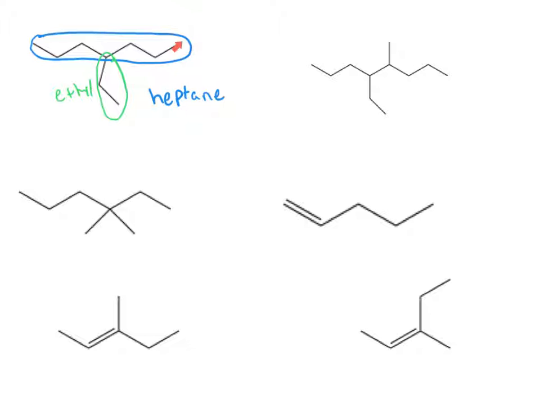If we started from the right-hand side, 1, 2, 3, 4. And so either direction gives us a 4 for our substituent. If that were different, you always go starting from the side which gives you your lowest numbers for your substituents. And so here we have 4-ethyl, giving us a final name for this compound of 4-ethyl heptane.